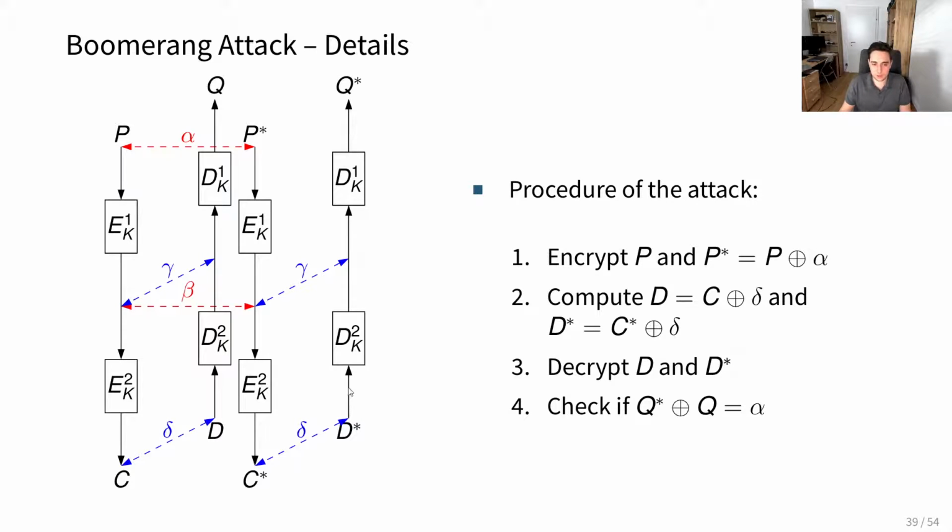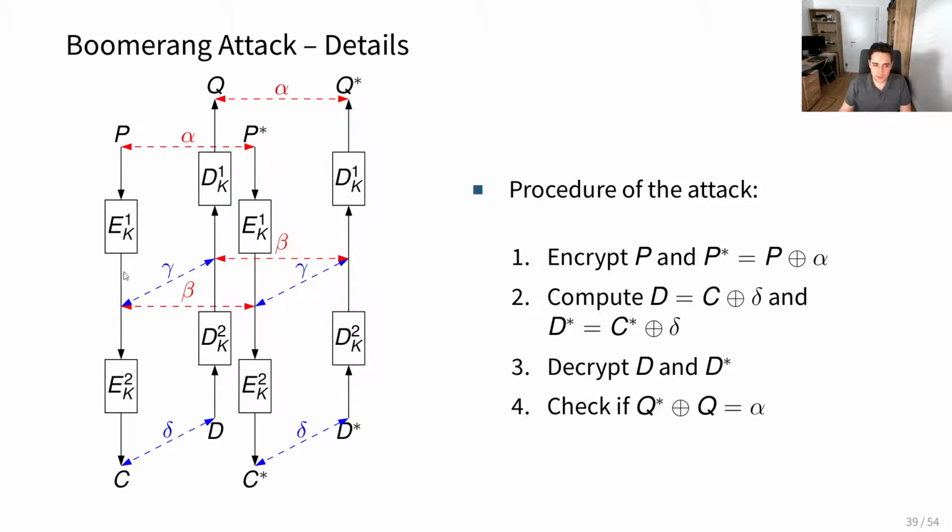So this is the second part of the encryption, the first part of the decryption. Again, we split it into two parts. And what we arrive at is this Q and Q star. And what we do now is we just check if the difference between Q and Q star is this alpha.